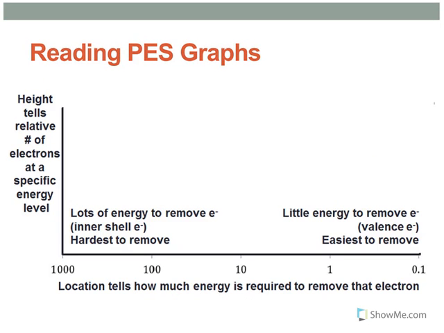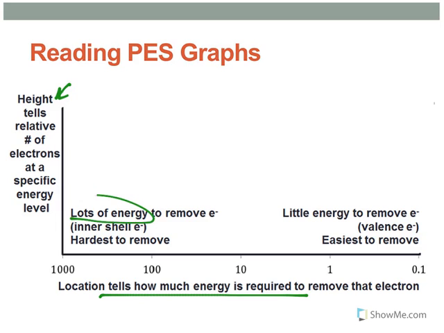So those are the technical things that are on the graph, but again, let's put it into kind of layman's terms here. Along our y-axis, we're looking at the height of the peak, telling us the relative number of electrons at a specific energy level. The location of the peak is going to tell us how much energy is required to remove that electron.